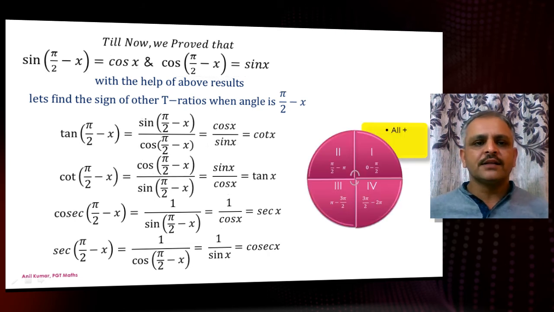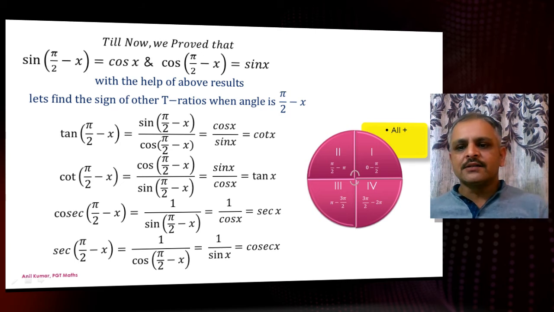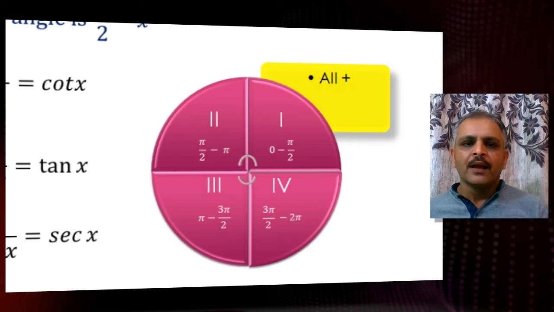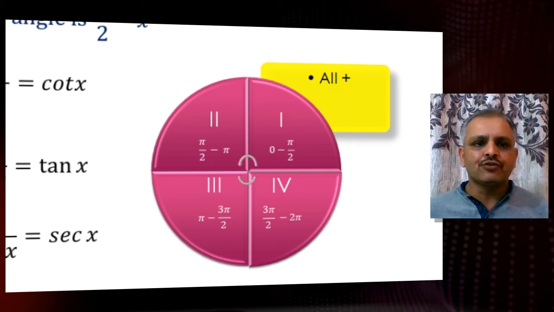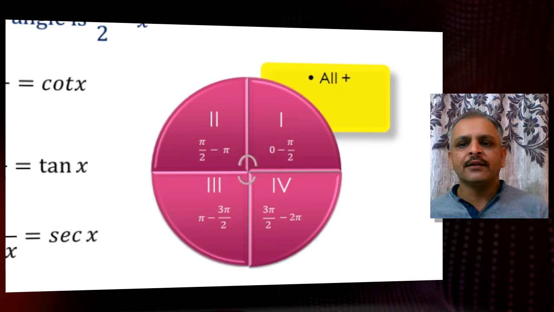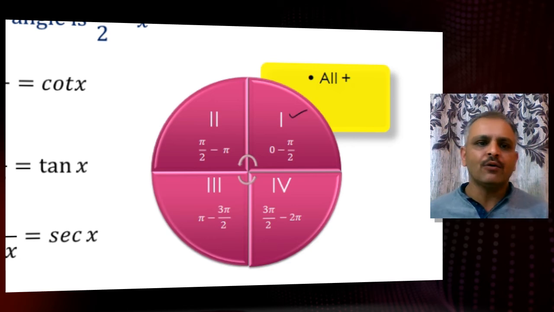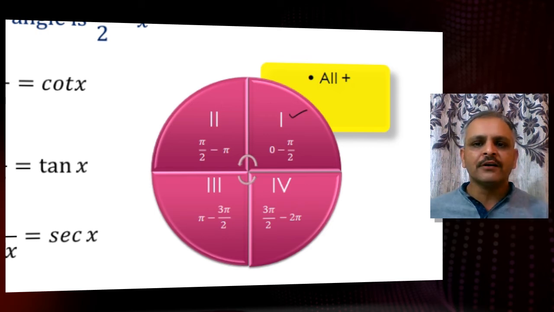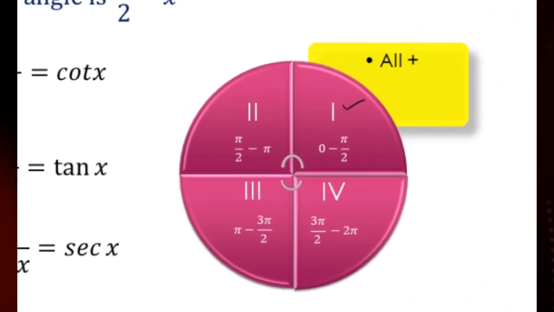So dear student, there is an easy way to remember them. See, if I make the quadrant system, my first quadrant will lie from 0 to pi by 2. And the angle which is pi/2 - x definitely will lie in the first quadrant. So that means all the t ratios which we discussed here, pi/2 - x, will lie in the first quadrant. And in first quadrant, if my angle is x, then this will become pi/2 - x.